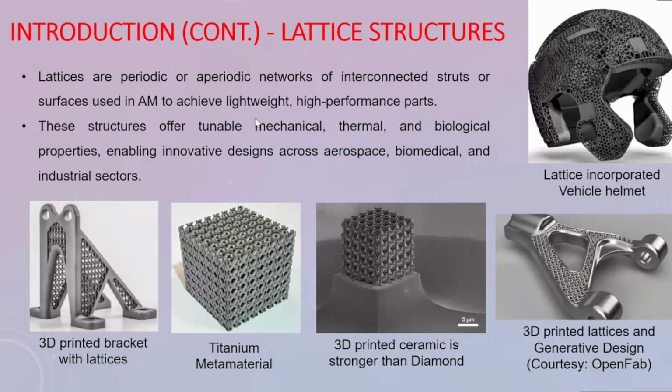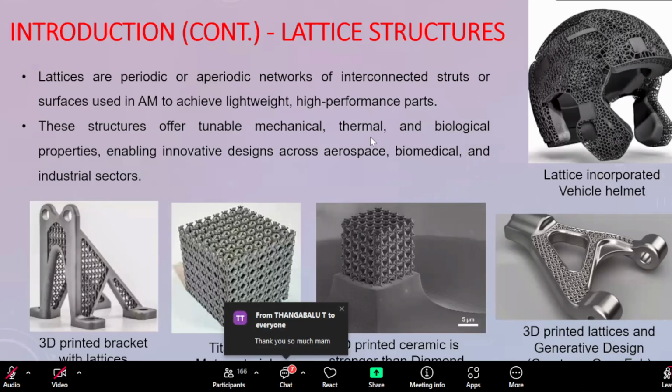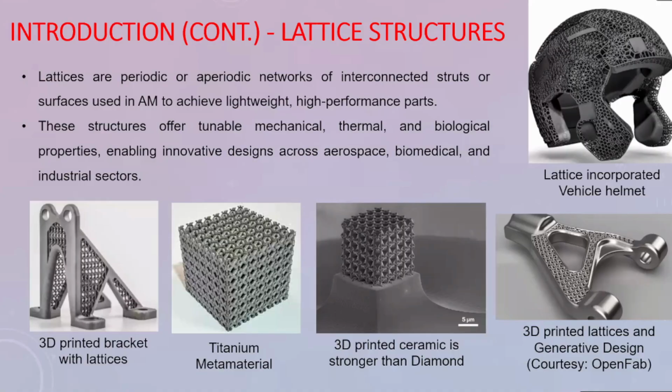We can use them for mechanical engineering application for weight reduction, thermal engineering application for better heat dissipation, and for biological properties like OSI integration, and for tissue engineering applications. So this can be applicable for aerospace, biomedical, and industrial sectors.